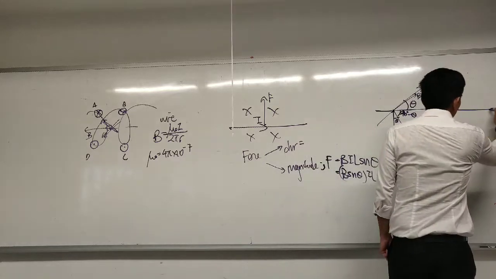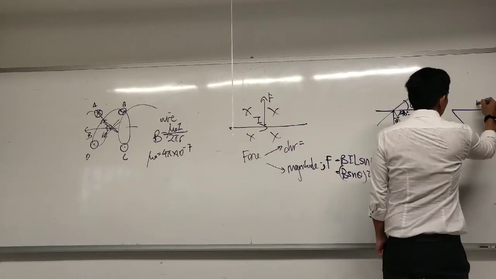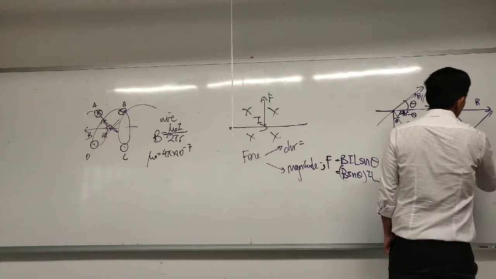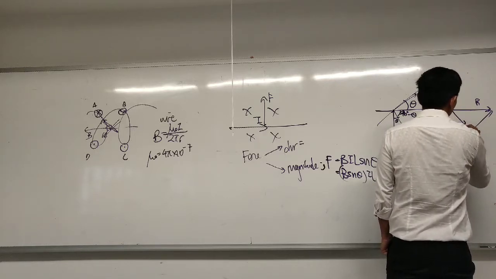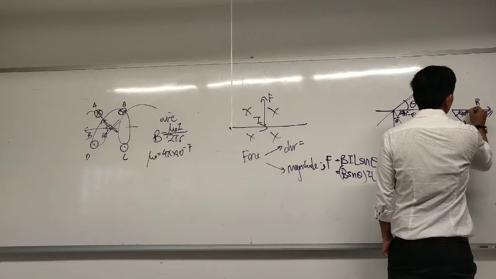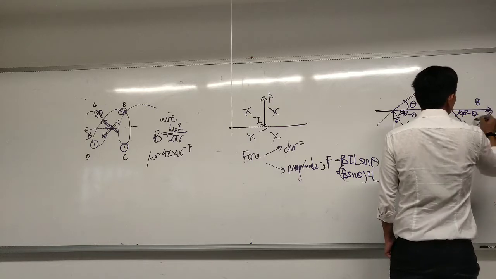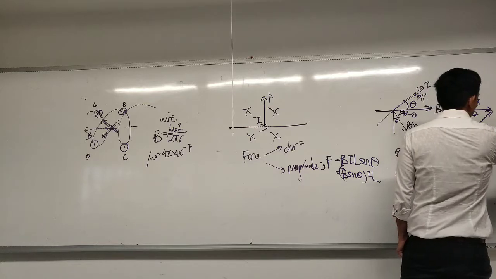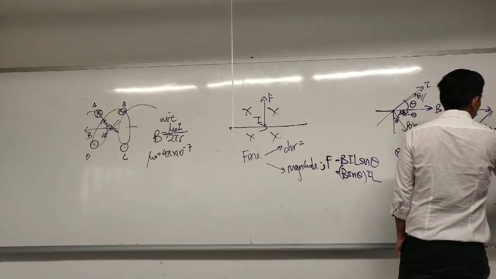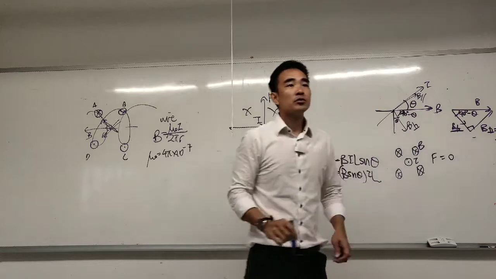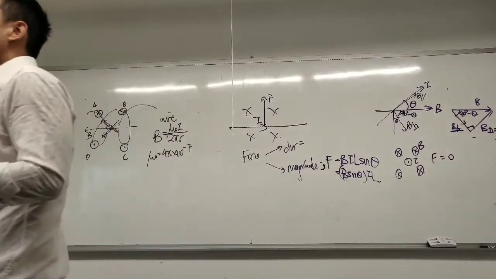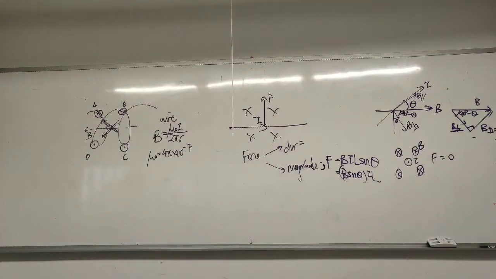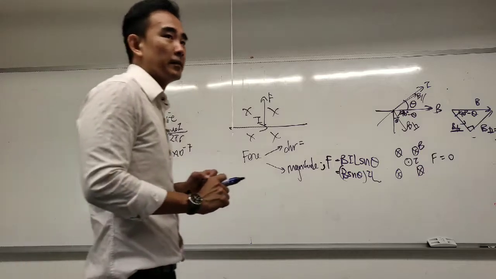Now if I were to pull this field out, this is the B, this is the B perpendicular, this is 90 minus theta, this is your B, this is the right angle. Can you see that B perpendicular is equal to B cos(90 minus theta), which is B sine theta. So the sine theta is there to account for the perpendicular component of the field. That's the reason why the theta is there. All right? So you must understand the physical meaning of the theta.